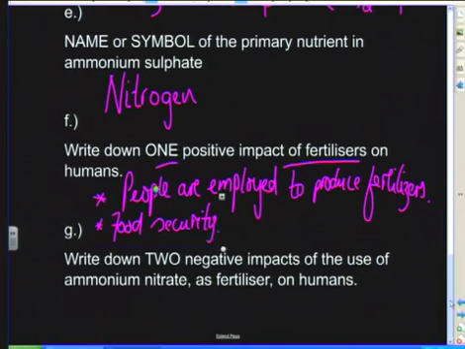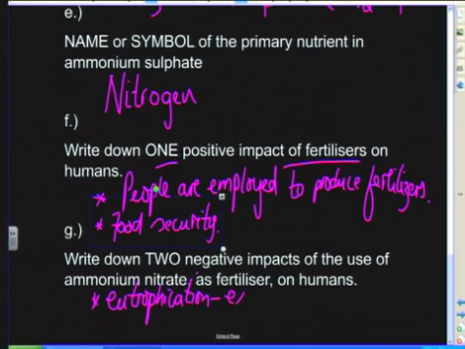Now, 2 negative impacts of the use of ammonium nitrate as a fertilizer on humans. 1, this would cause things like eutrophication. Okay, and what is that?